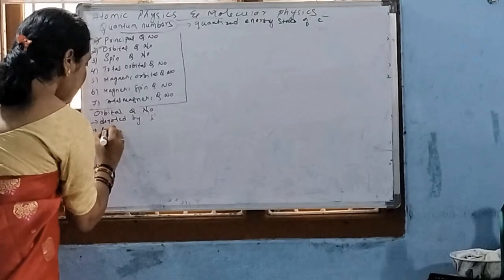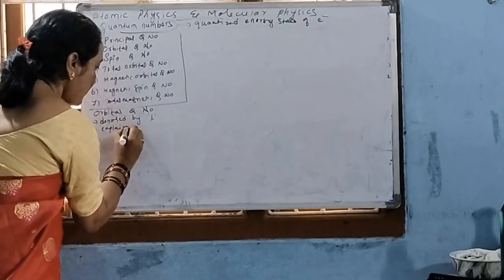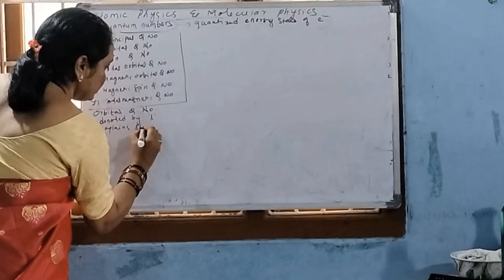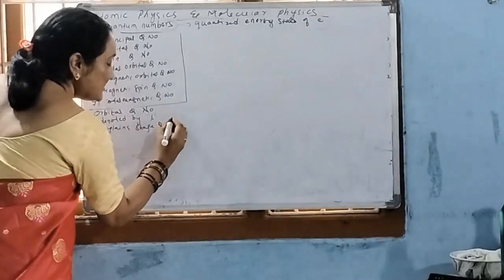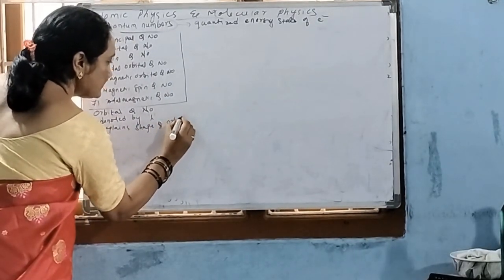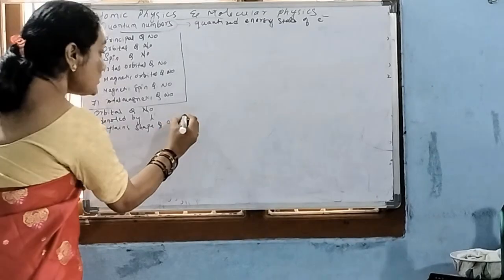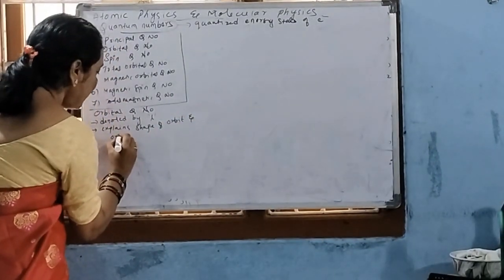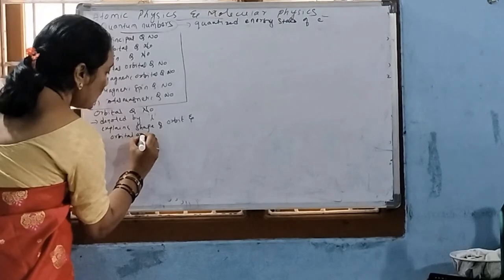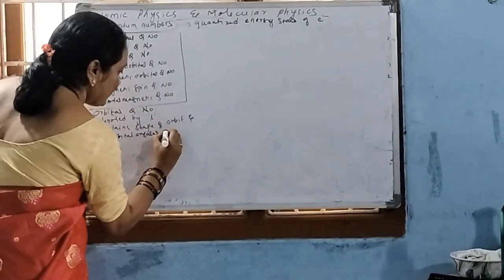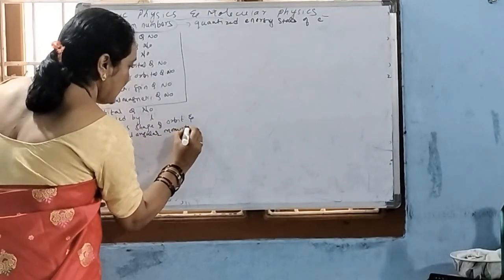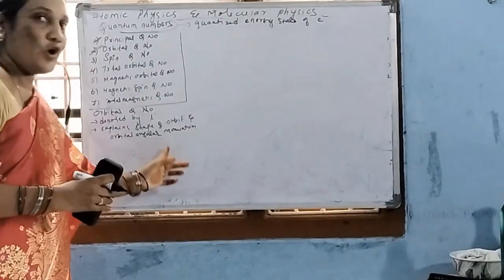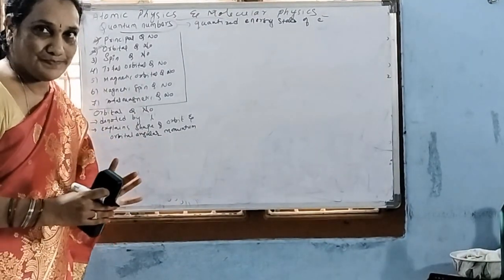And this explains the shape and nature of the orbit. And also, it explains the orbital angular momentum. Alright. It explains the shape of the orbit and also the orbital angular momentum.